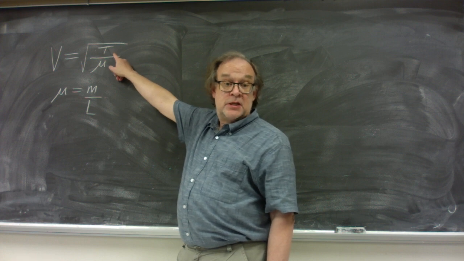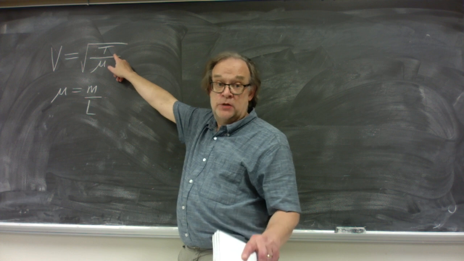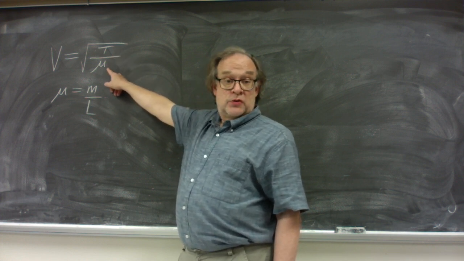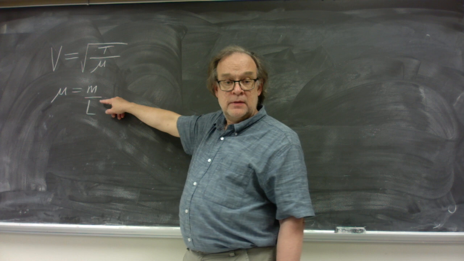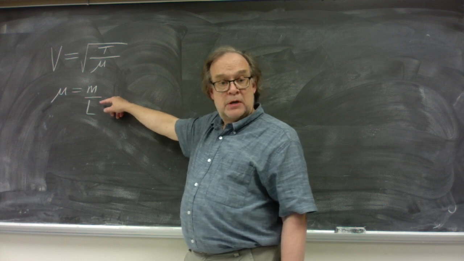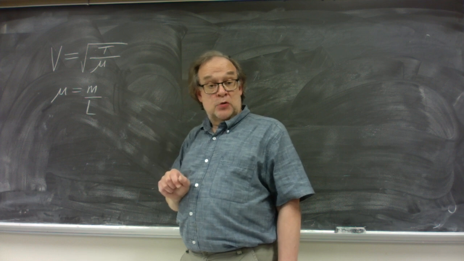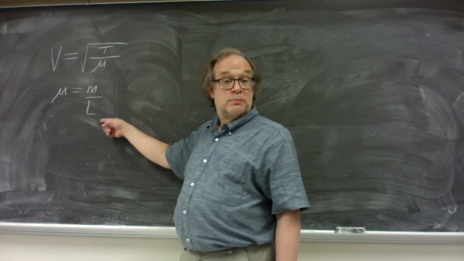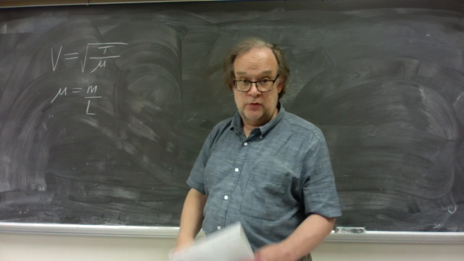Right? This T is going to represent tension, not period of an oscillation, tension. And then this other factor here, which you can sort of think of as a one-dimensional density, mass per length. In a way, it's a way of measuring how thick the string is, how many kilograms per meter or how many grams per centimeter, whatever.